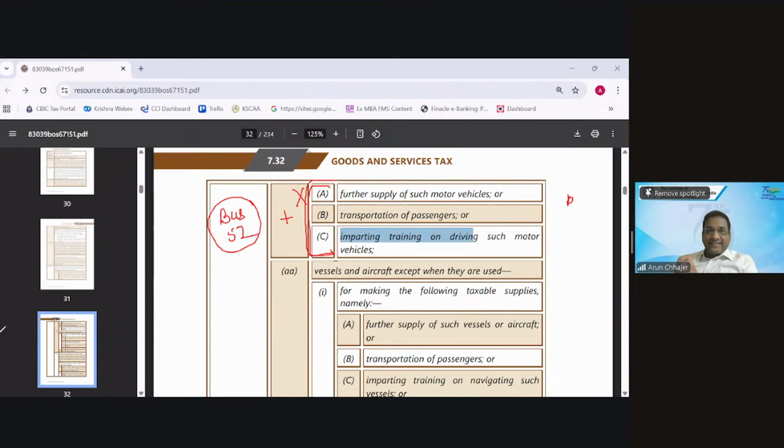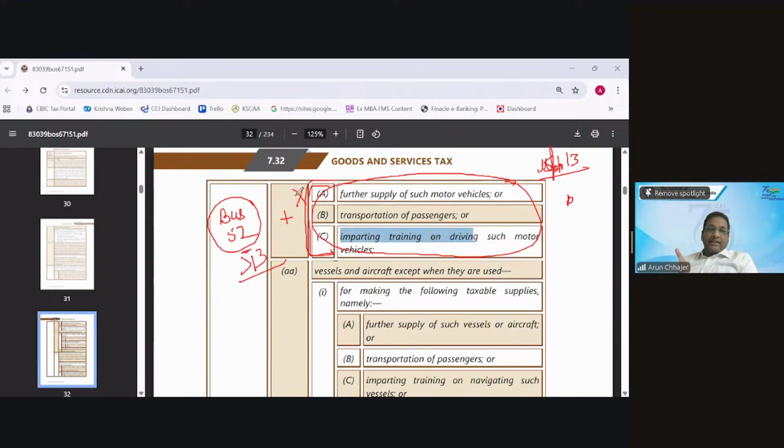Answer is yes. When do you need to refer to these three conditions? Only if my motor vehicle is up to 13 seater. If my motor vehicle is more than 13, do I need to see these conditions? No.